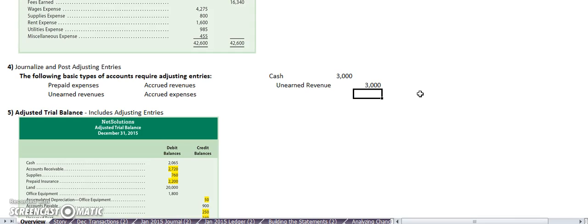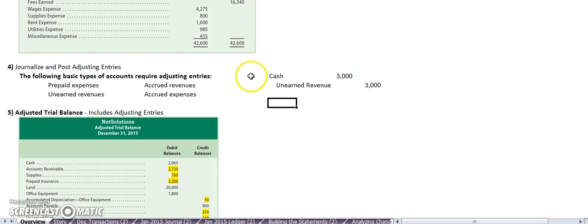So let's say at the end of the month, our employees went out there and they cut their grass and so forth, and so we earned 1 month of lawn maintenance. So we're going to recognize that now as revenue, right?